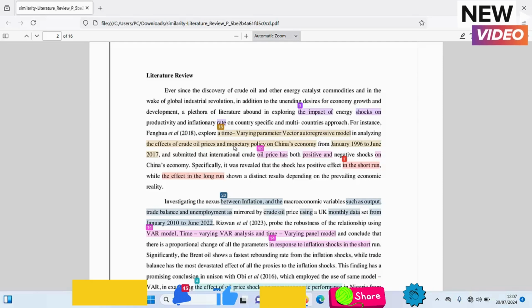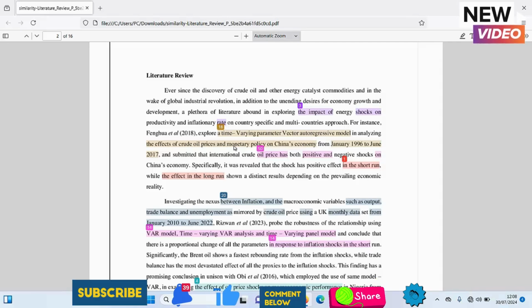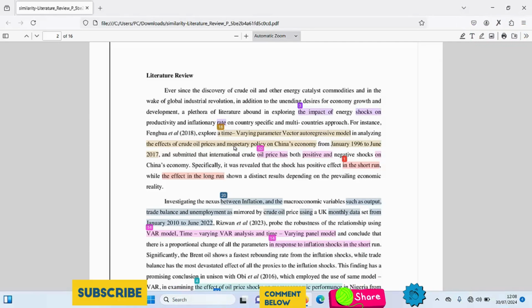Once you achieve that, you sit down, look for synonyms of certain words, replace those words, look at the sentences highlighted, rearrange and paraphrase. Before you know it, you are done. So please don't make use of AI, because it may put you in trouble. Of course, if you know your way, you can use it, but it is not the best.